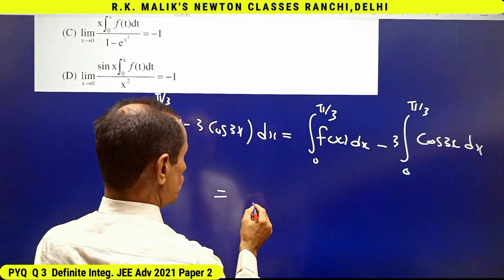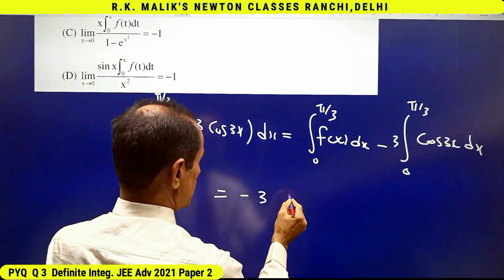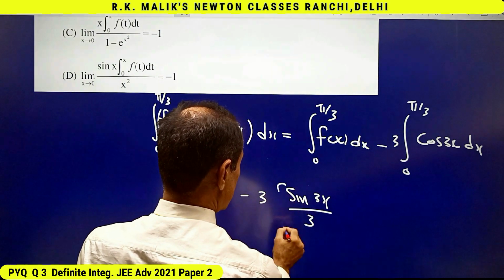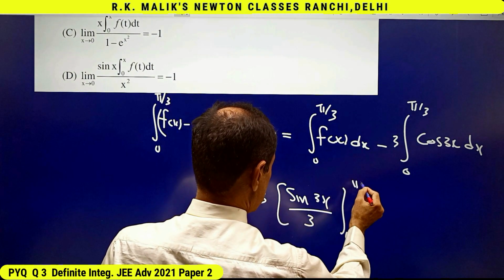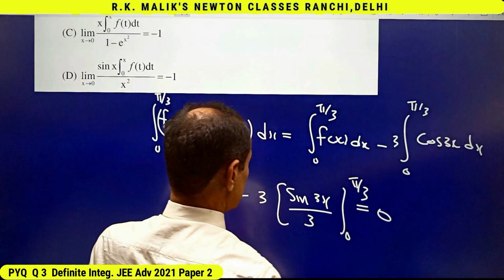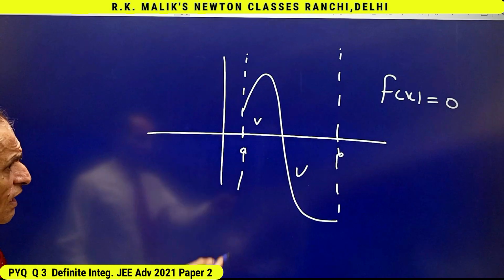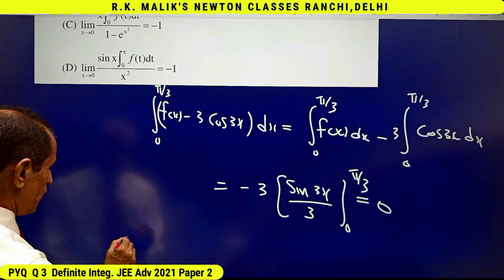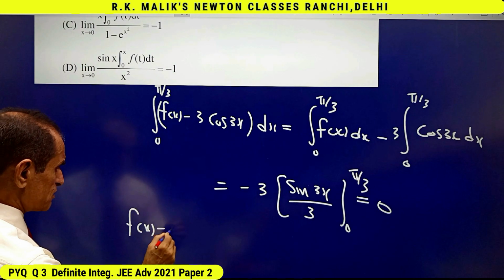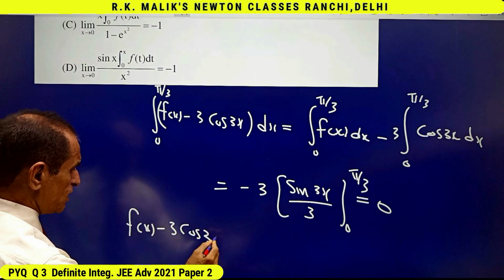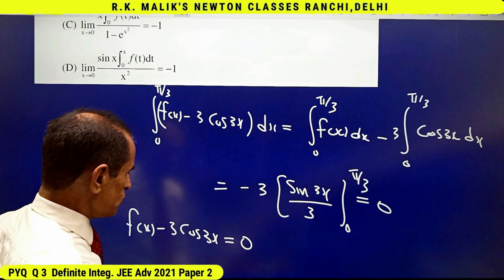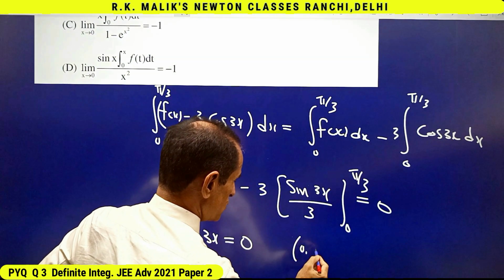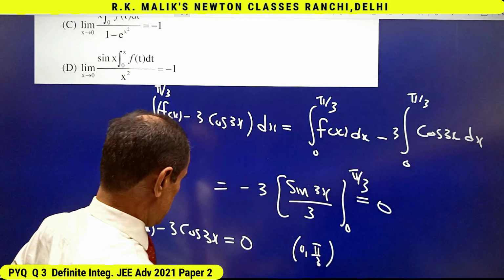It is clearly 0. This is also 0, and keeping this concept in mind, I can say that the function f(x) − 3 cos 3x is equal to 0 for at least one value of x in the interval 0 to π/3.